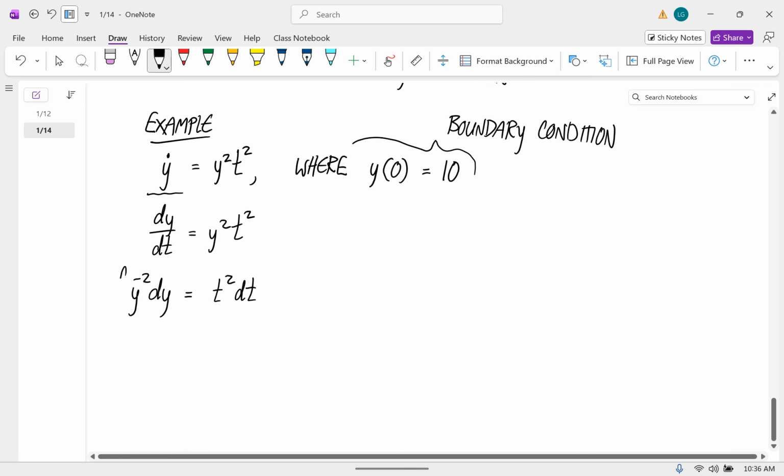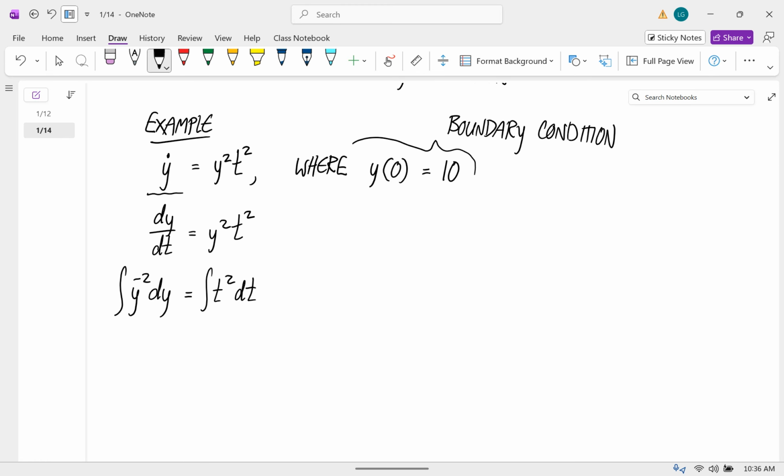And now we'll integrate both sides. So we have negative y to the minus 1 is equal to t cubed over 3 plus, I'll put the combined constant of integration over on that side. It doesn't really matter. Oh, whoops. That's to the minus 1 power.